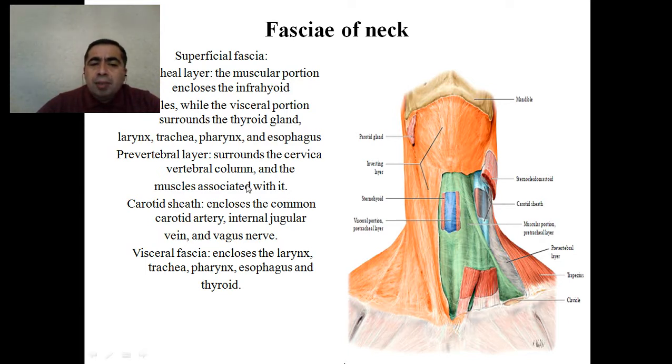And the prevertebral layer surrounds the cervical part of the vertebral column and the muscles associated with it. The cervical fascia forms the special vagina, the carotid sheath. It encloses the common carotid artery, internal jugular vein, and the vagus nerve. The visceral fascia also encloses the larynx, trachea, pharynx, esophagus, and the thyroid gland.